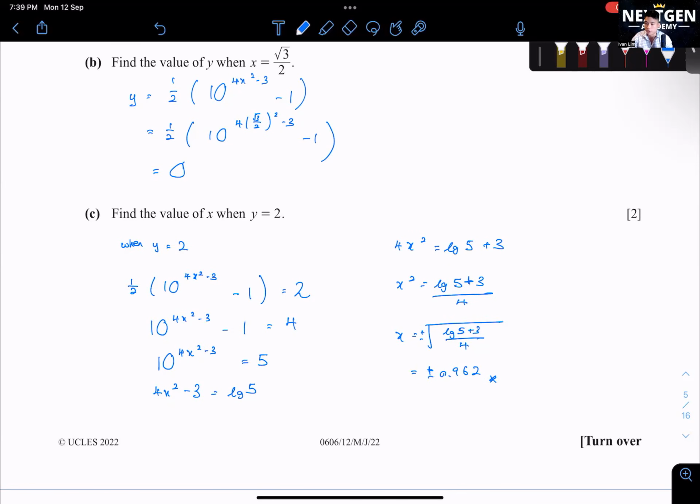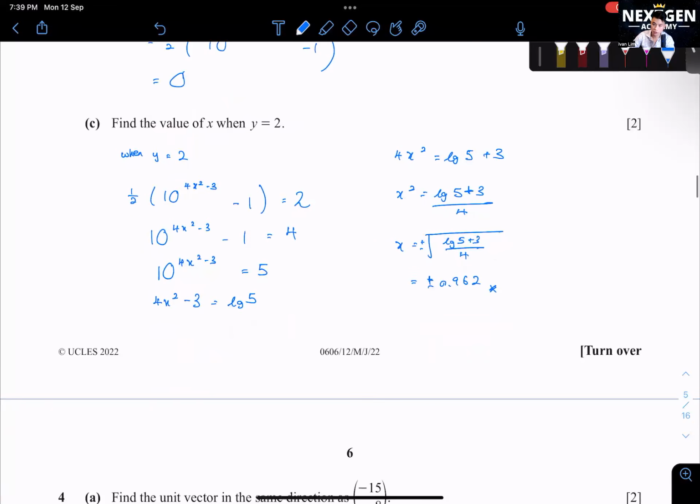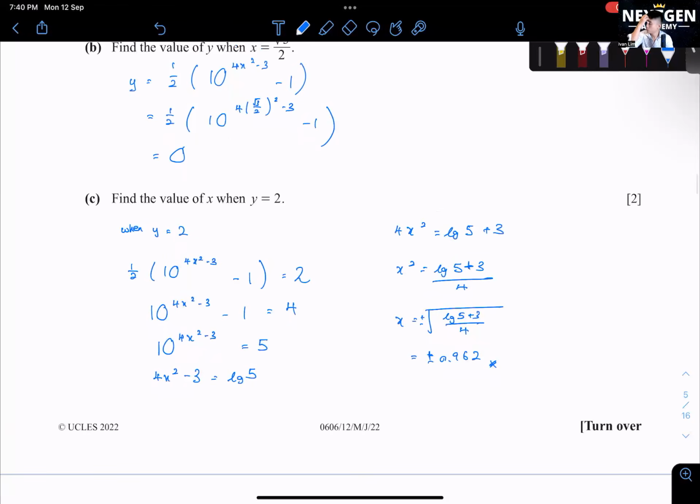You can write more, but you cannot write less. Writing more is also debatable, depends on the marker. So you don't want to lose marks just because of this. If you round it up to 0.96, wrong. Any question? All good here?